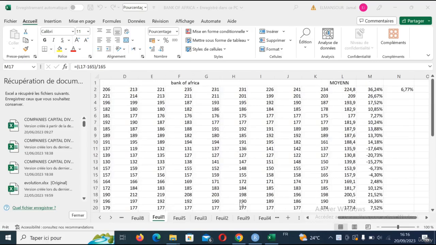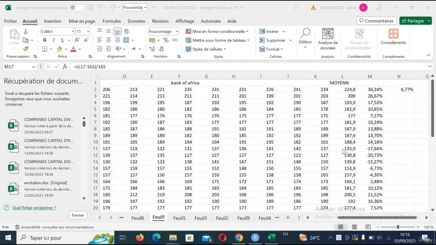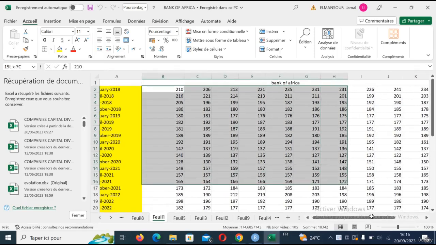So in order for us to calculate the confidence interval, which is a statistical concept, of 95%, we're going to calculate primarily the mean of all of these values.